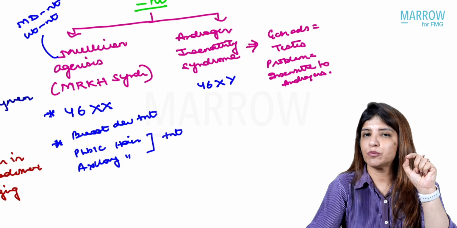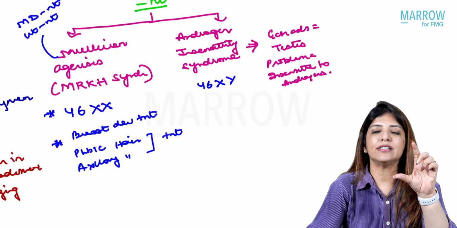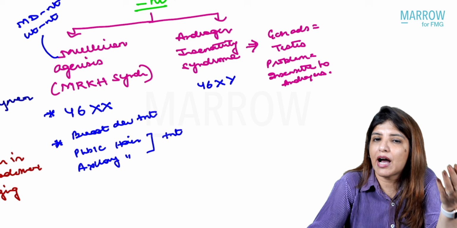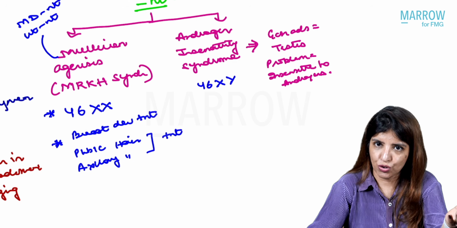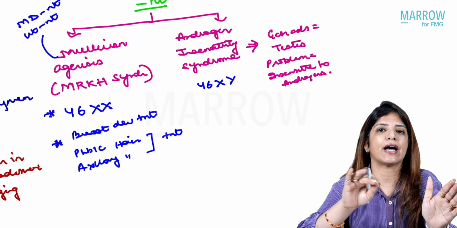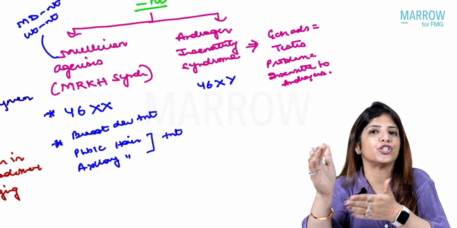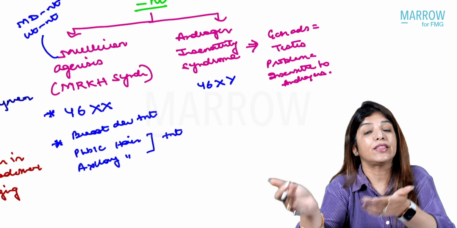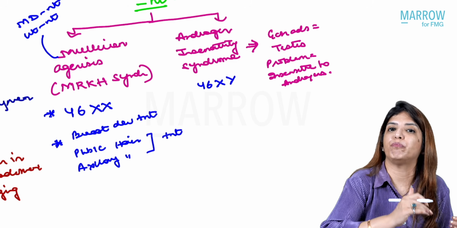So in an androgen insensitivity patient, because they are insensitive to testosterone, the entire testosterone with the help of enzyme aromatase gets converted into estrogen. And that estrogen leads to breast development.